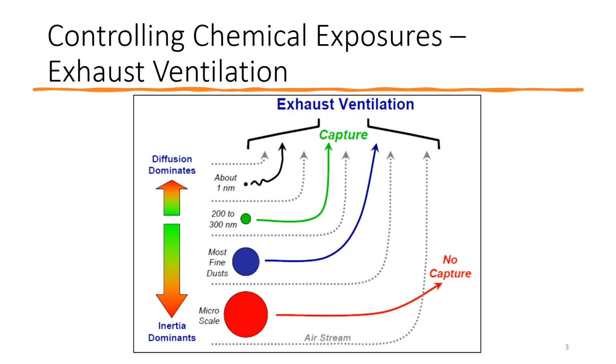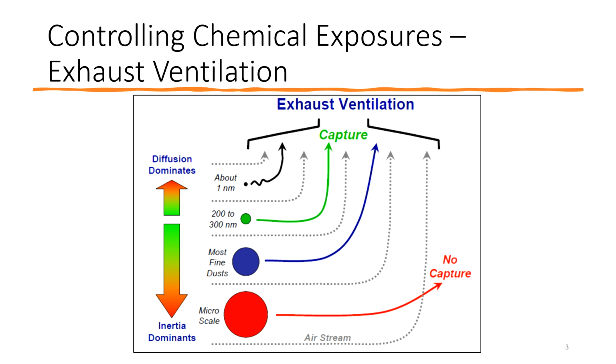It does a really good job of capturing everything. Once it starts to get to the micro scale and it's a little bit farther away from the exhaust, you have a lot less efficiency. But the smaller it is, and of course smaller is typically a lighter type molecule, it's really going to be caught really well by exhaust ventilation.